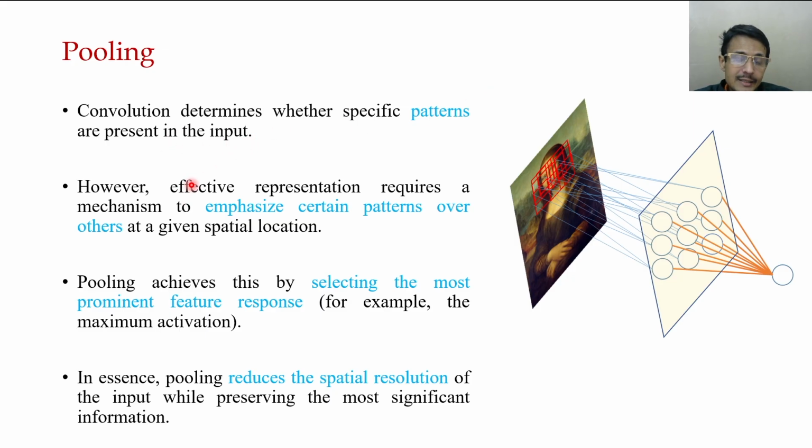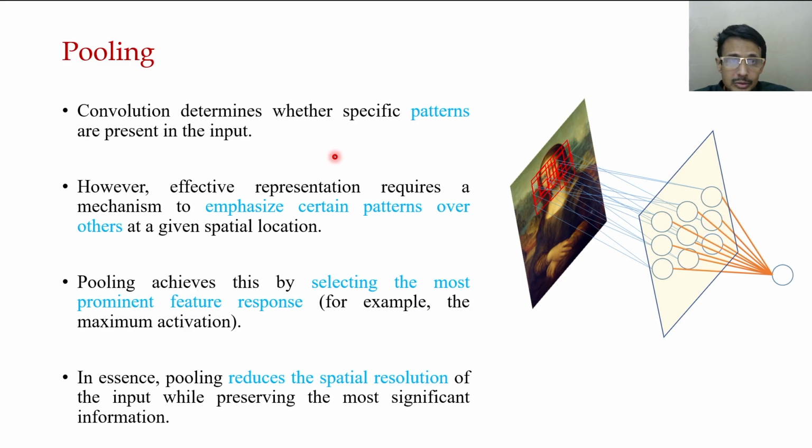But some mechanism is also required to emphasize certain patterns over others at a given spatial location. So what is required? Let's say there are 10 filter kernels of different patterns.